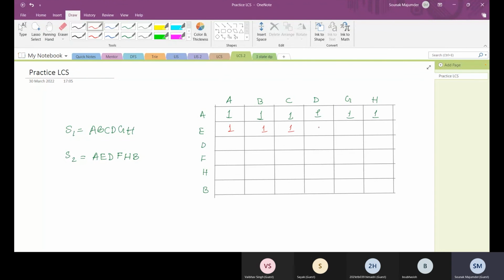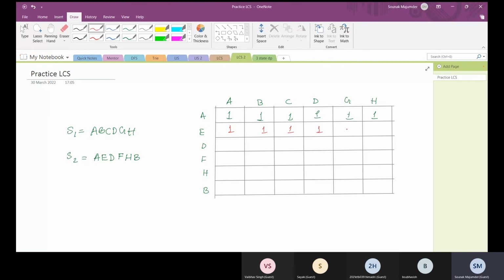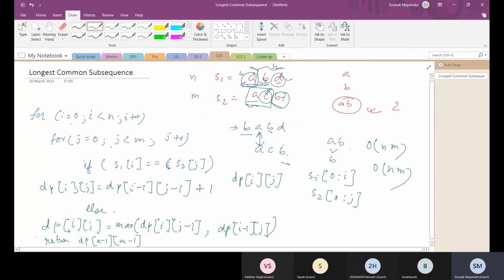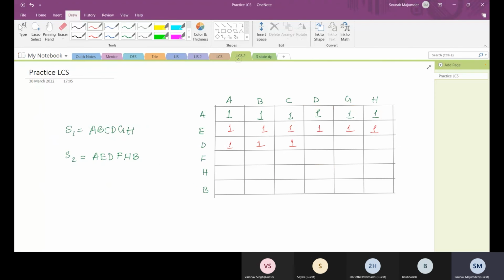D and E not matching, G and E not matching, H and E not matching. D and A not matching, max of 0 and 1, 1. B and D not matching, max of 1 and 1, 1. C and D not matching. Now D and D matching, so from this equation, when it is matching, dp of i j equals dp of i minus 1 j minus 1 plus 1. So dp of i minus 1 j minus 1 is 1, plus 1, that is 2.